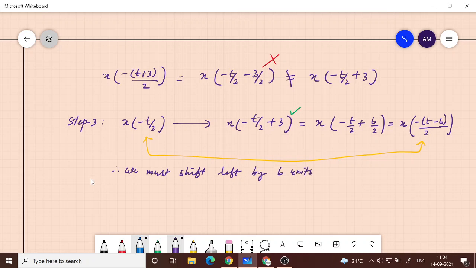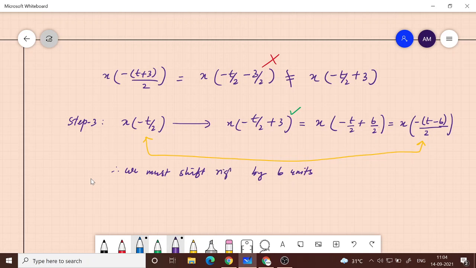That is the correct shifting that is required to get our required expression. So third step, we must shift the signal left by 6 units. So did I say left? No, not left. Right. Right. That means delaying.